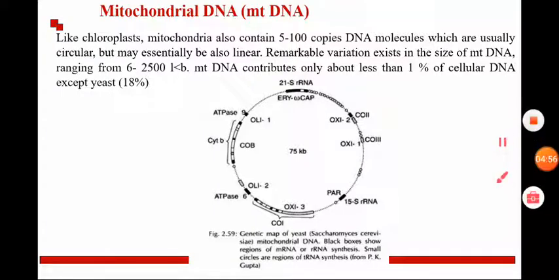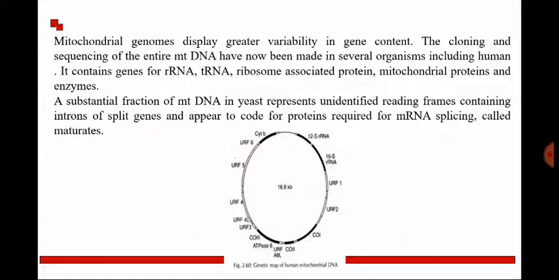In this, the black circle contains the mRNA or rRNA synthesis. The mitochondrial genome displays greater variability in gene content. That means different variability occurs in this mitochondrial DNA.